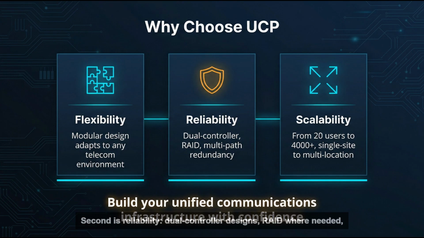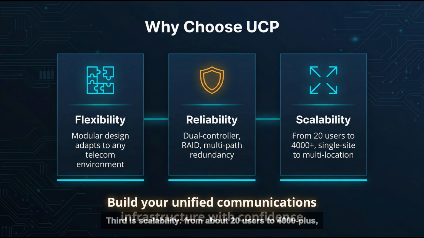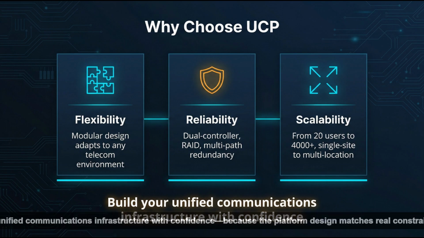Dual controller designs, RAID where needed, and multipath redundancy support high availability architectures for mission-critical operations. Third is scalability. From about 20 users to 4,000 plus, and from single-site deployments to multi-location interconnection. The overall message is simple. You can build unified communications infrastructure with confidence because the platform design matches real constraints in the field.